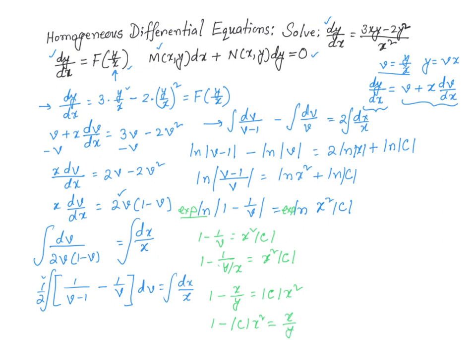Then if I solve for y, I get y of x is equal to x over (1 minus the absolute value of c times x squared). So this should be your final answer. This is the solution to this differential equation.